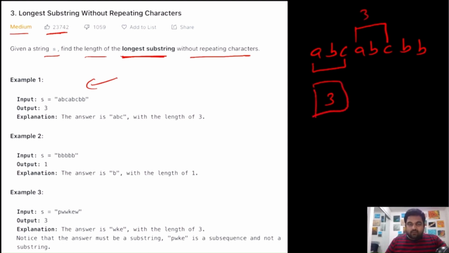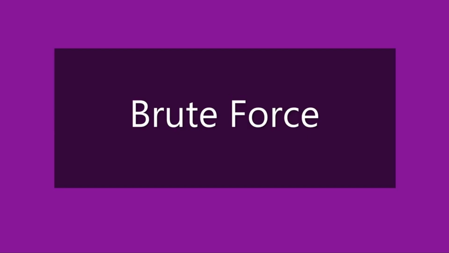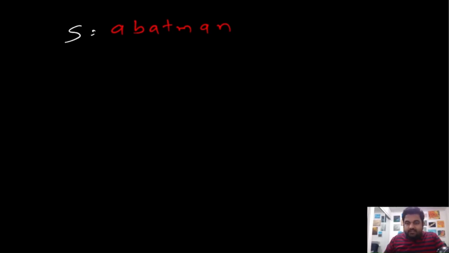Let's see what would be the different approaches to solve this problem. So suppose this is the input that we are given, and let's see how we can solve this in a brute force manner. Well, the most basic idea is that we can take this input and take every single substring that is possible and then check on all of those substrings whether there are any repeating characters or not, and whichever the substring with the longest length we found without any repeating characters, we will just present it as an answer.